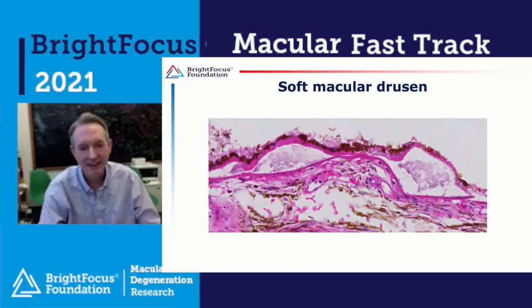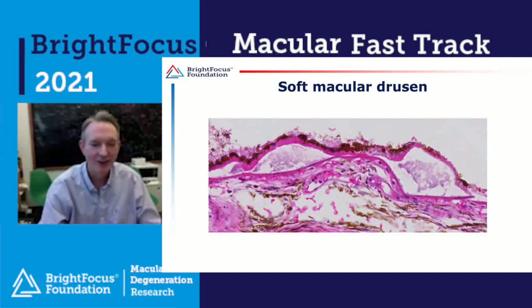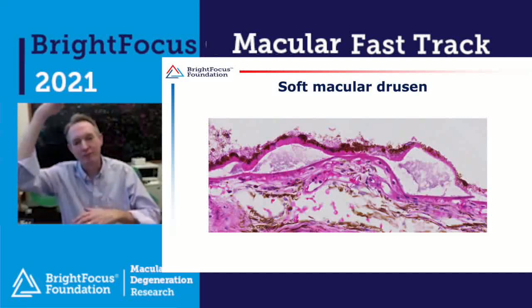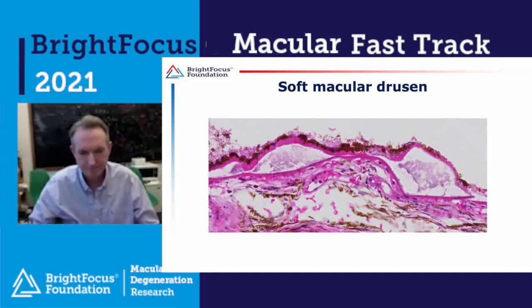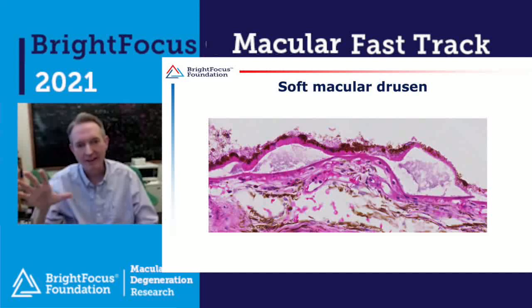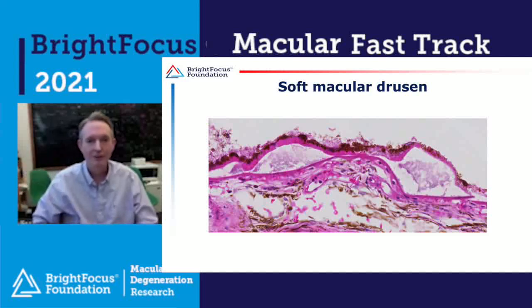And again, here's an image that I showed you earlier. This is this basal laminar deposit material that's detached from Bruch's membrane. Clinically, this would look like drusen from fundoscopic appearance, or OCT.